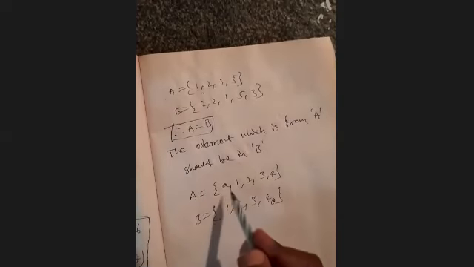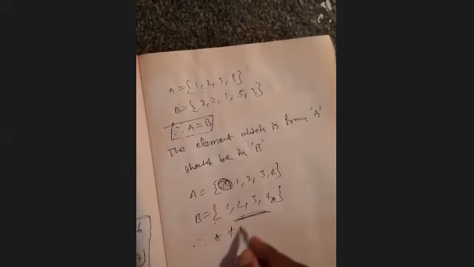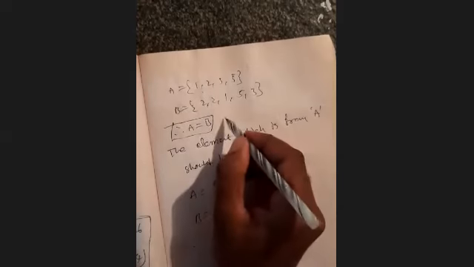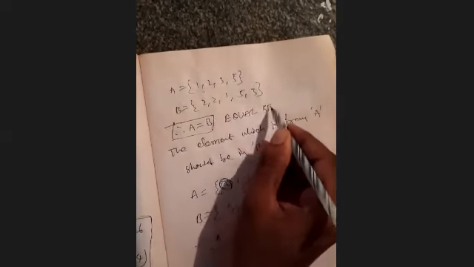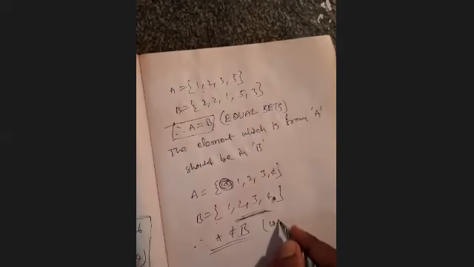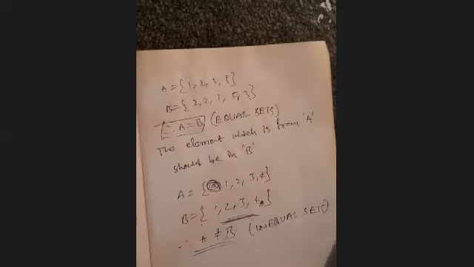Clearly, this A is not there in set B. Therefore, we can say A not equal to B, which means A and B are unequal sets. Equal sets and unequal sets.